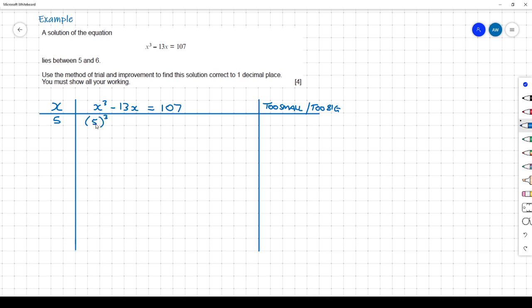So instead of x we put 5, because that's the value of x I'm trying. 5 cubed minus 13 times 5 equals. Now we put this on our calculator, and I'm going to bring up a calculator now. You should be able to see this, and we can type in exactly what we've got on paper.